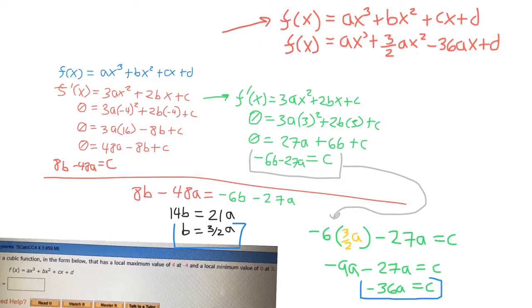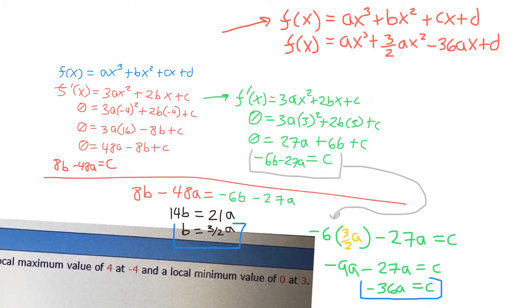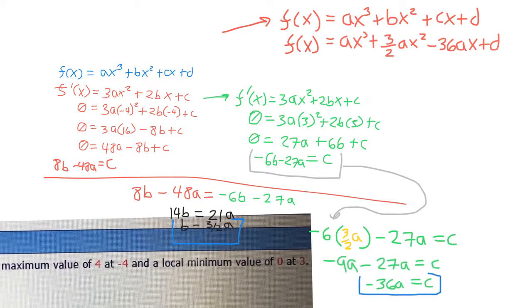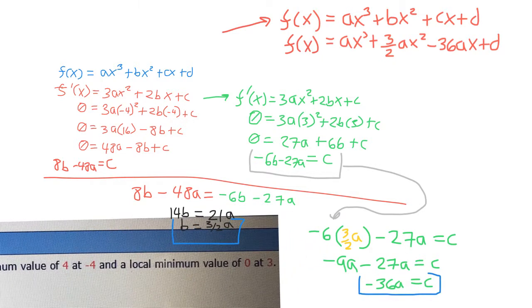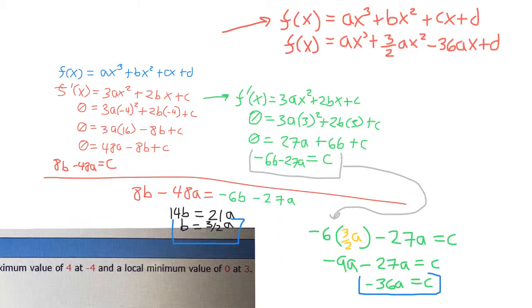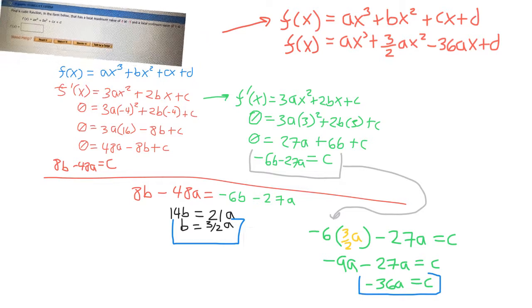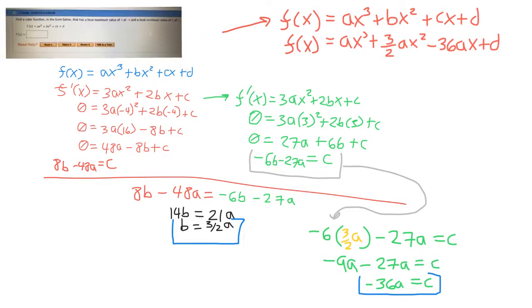And this is kind of small. Let's look at it right here. Right here, we know that when x is -4, y is 4 in the original function, and we also know that when x is +3, y is 0 in the original function. So we will put that off to the side for now.